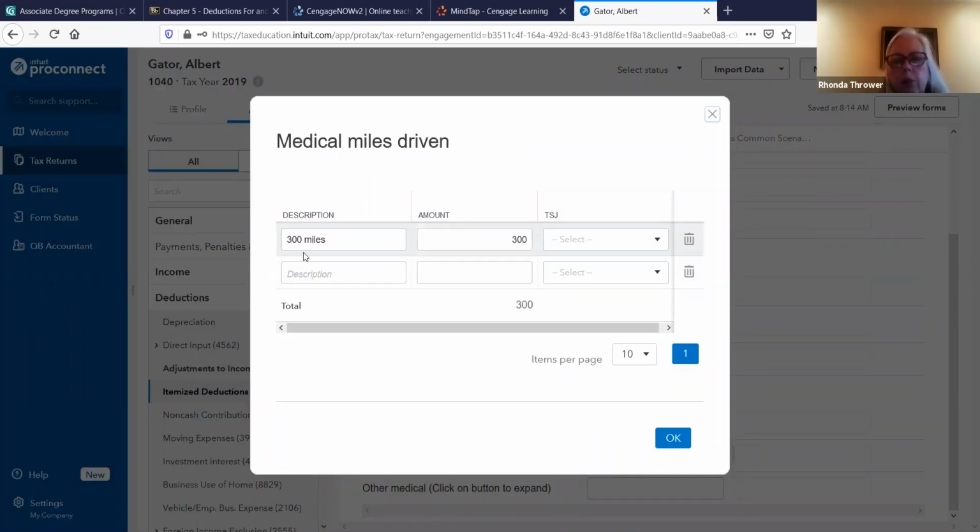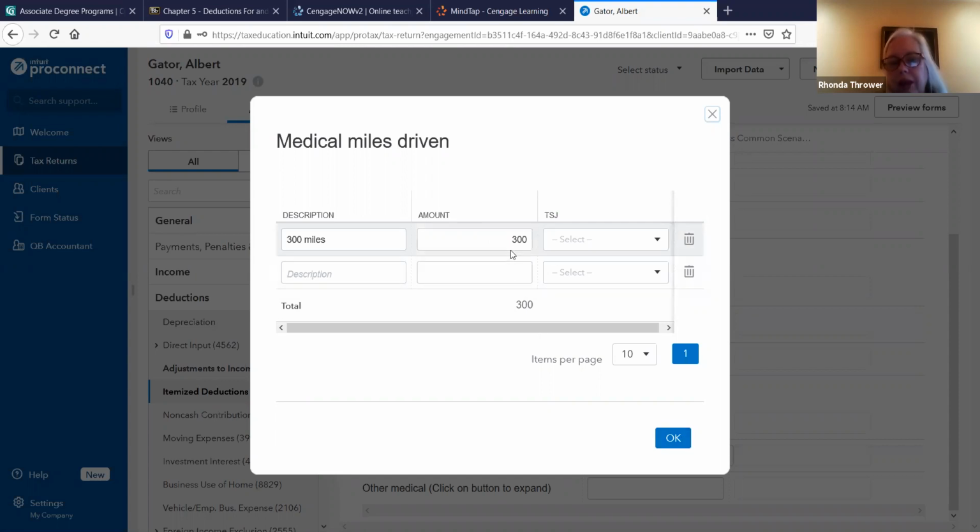And what I did is I put in the description 300 miles. And the amount, now this is kind of confusing to me, but this is the only way I could get it to show that it was 300 miles. So I don't really think that needs to be amount there. I think this is supposed to be miles. But again, I caution you on this, but when I put it in as 300, it worked for me.